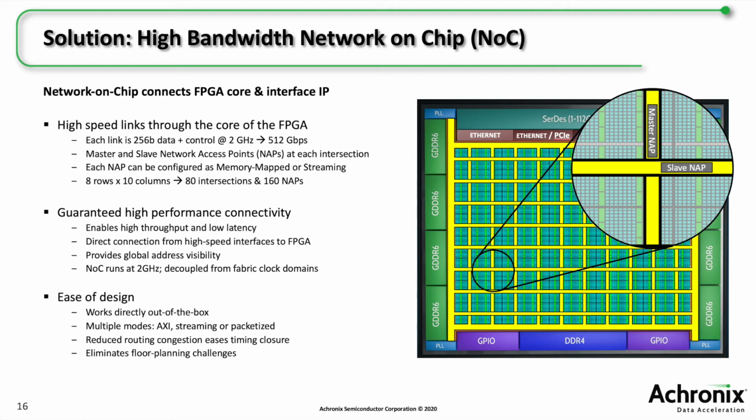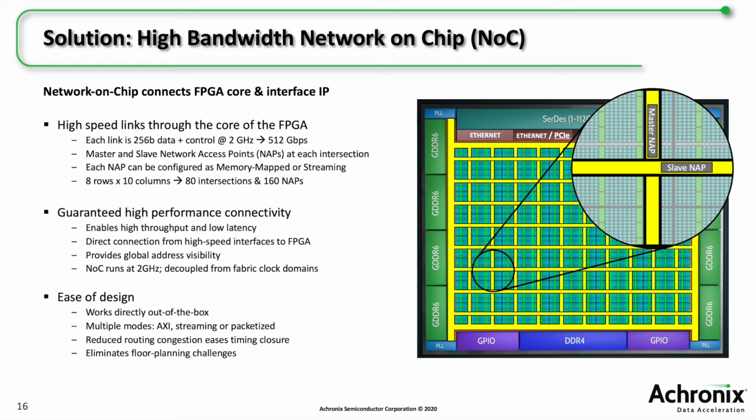So by using this on-chip network, you get guaranteed high-performance connectivity inside the FPGA core. This is high throughput and low latency, and also gives you direct connection to all of these external interfaces. It runs at 2 gig, which means that it's decoupled from the logic inside the FPGA, and we take care of all of the clock domain crossing for you.